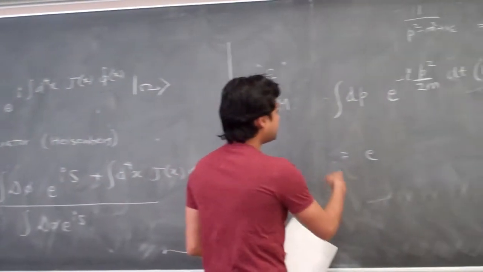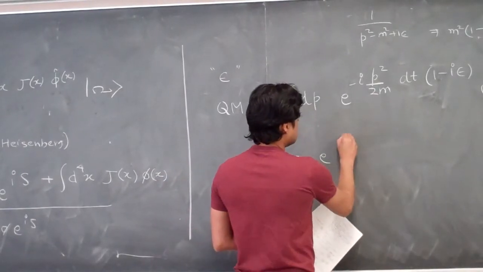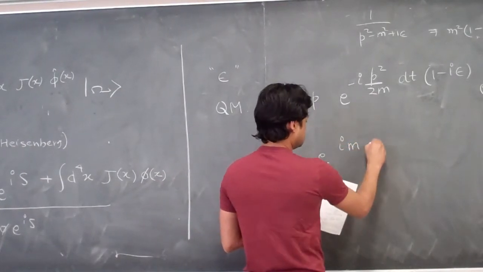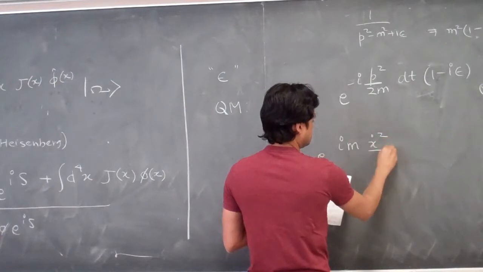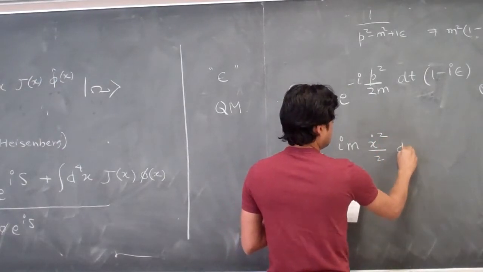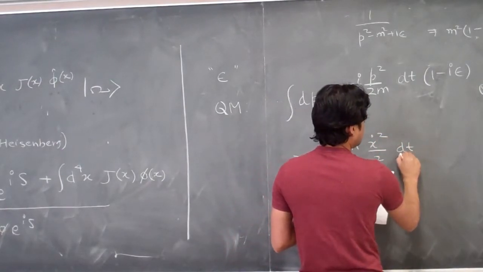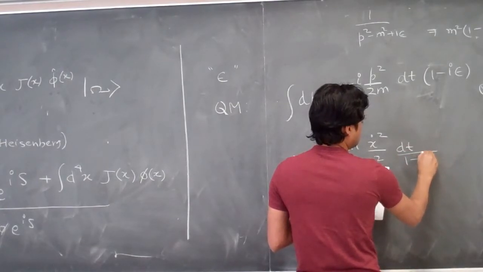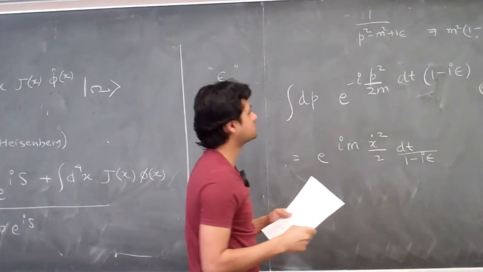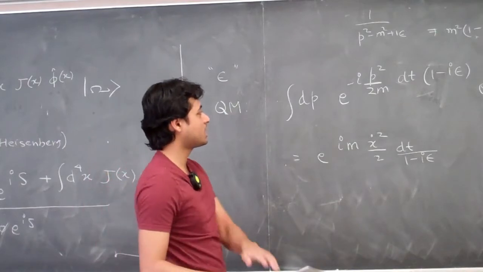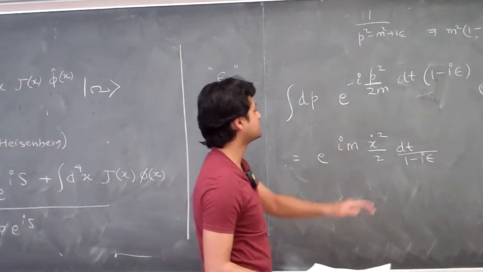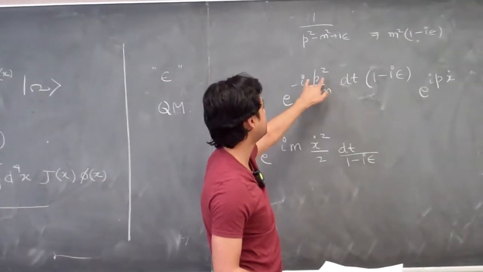So you can do this integration, and this gives you, so I did it because I have it in my notes, but you can say this is a Gaussian integration in P with a P square coefficient.